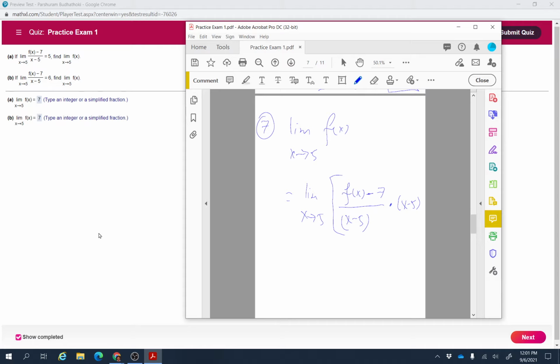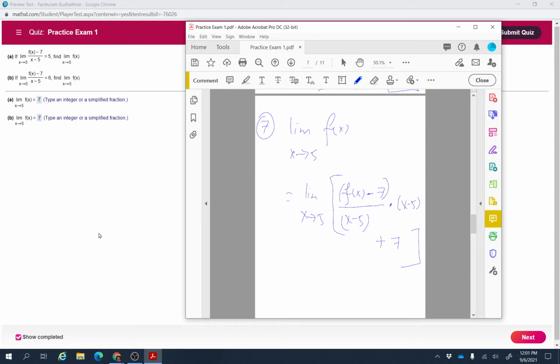So I'm just subtracting 7, and that can be balanced by adding 7. So I rewrite f of x as f of x minus 7 divided by x minus 5, and to balance it I multiply by x minus 5. Now I still have negative 7 left over, so I just added 7.